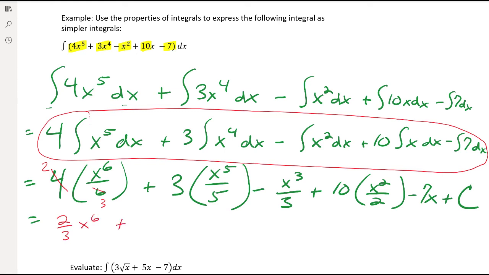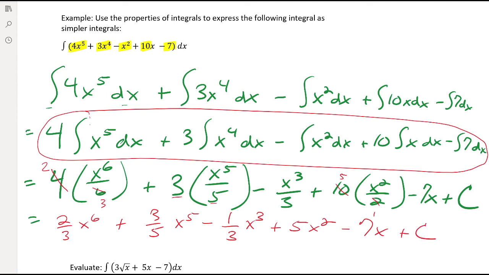That's fine. Plus 3/5 x to the 5th, minus 1/3 x cubed, plus, let's see, 2 goes into 2 one time. It goes into 10 5 times. So that'll be 5x squared divided by 1, which is still 5x squared, minus 7x plus c.